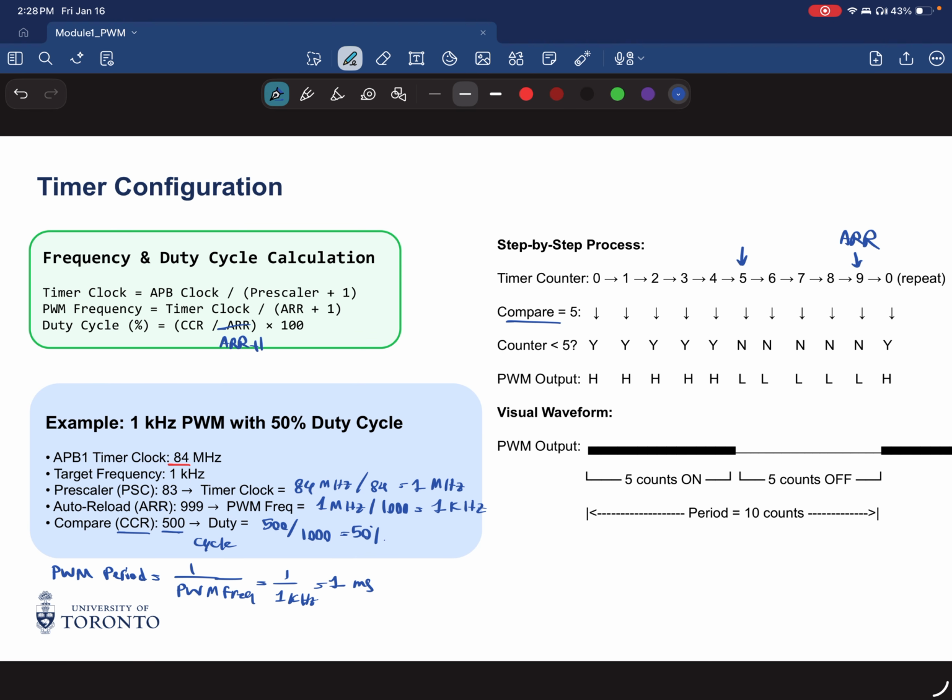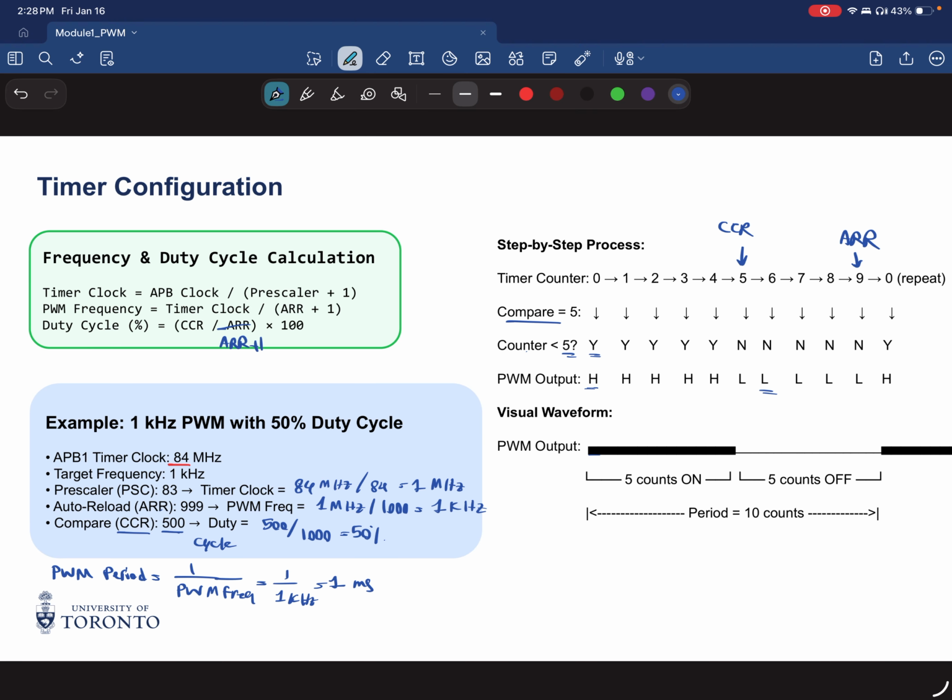This is our compare value, CCR is here. So it says if the counter is less than the CCR, we get high voltage. If it is more than that, we get low voltage. That's why we get this. That is going to be our output based on time.